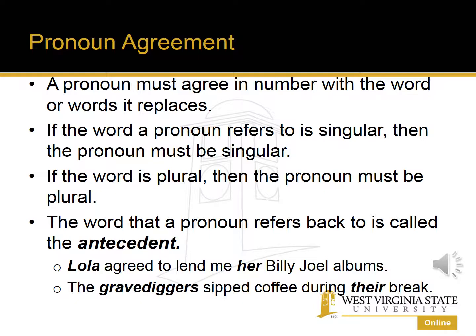And so instead of saying "The student is doing his homework" or "The student is doing her homework," the correct way to address that is the awkward "The student is doing his or her homework." So one way to fix that is to make the noun plural. Students are doing their homework.